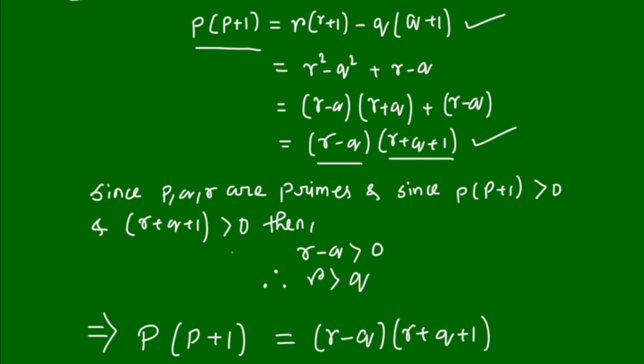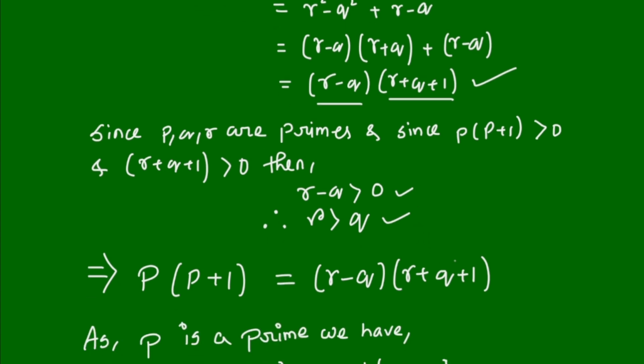This means that r should be greater than q, which you might have also understood from the question itself, but this is also a basic way to find this.